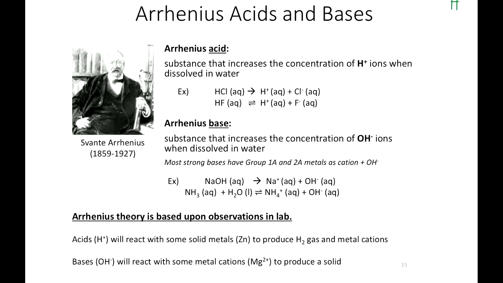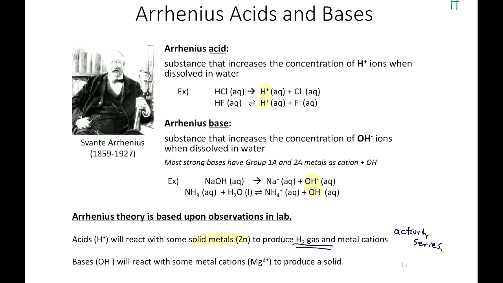So Arrhenius acids produce H+ in water. Arrhenius bases produce hydroxide in water. That fits with the definition we talked about earlier. Here were the observations he made. If a mystery substance was mixed with zinc metal, he saw H2 gas being produced. This is actually the activity series from Chem 1210.